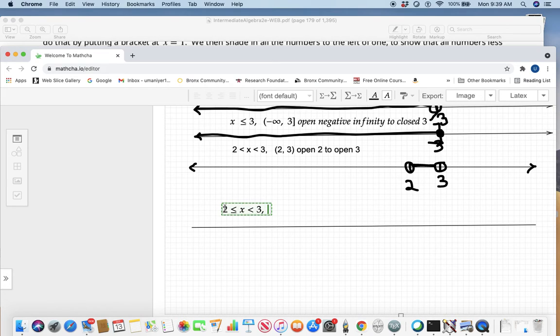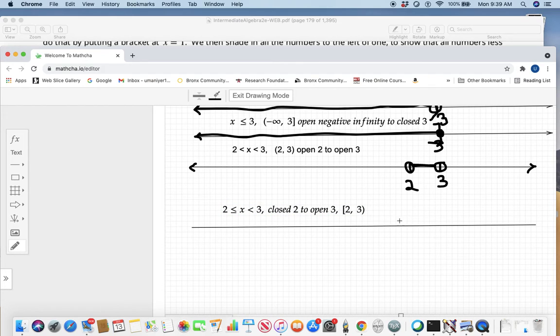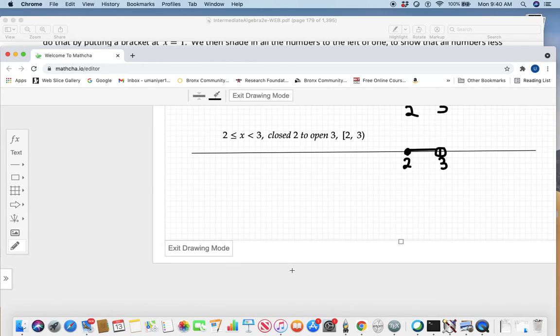Well, 2 is less than or equal, so closed 2 to open 3. That is bracket at 2, parenthesis at 3. Somewhere here is 2, somewhere here is 3. 2 is filled in because it's closed, 3 is open because it's less than, and everything in between.